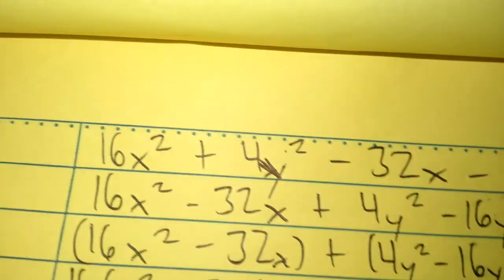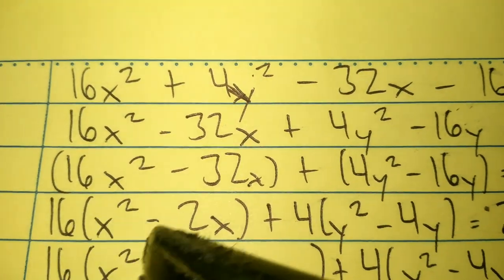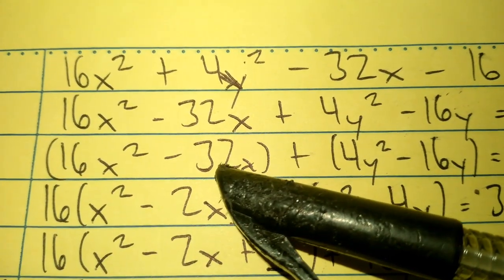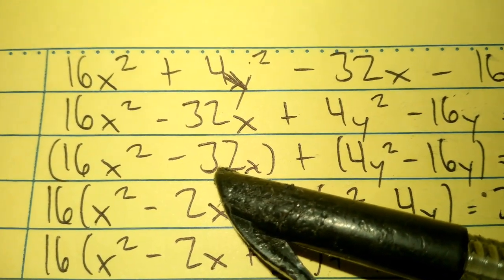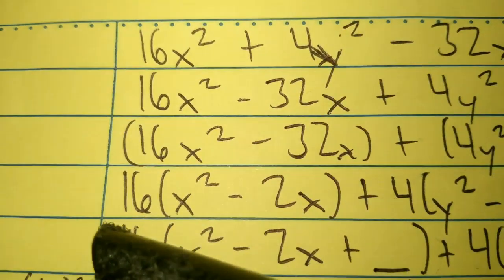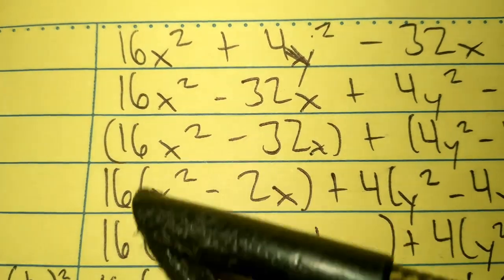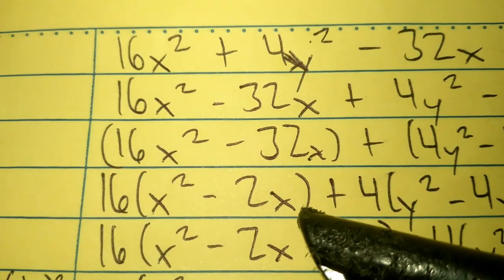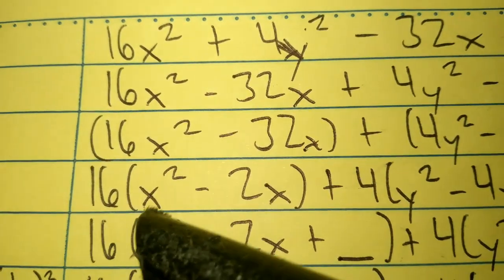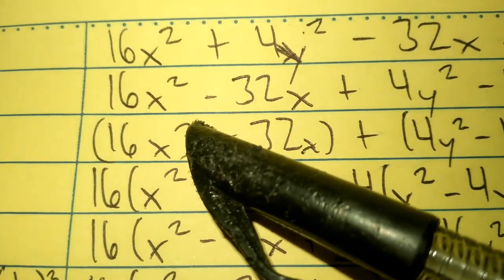So the third step is to see if each term in the parenthesis is factorizable. As you can see, 16 and 32 can factor. We can factor out these two. So we're going to have 16 parenthesis x squared minus 2x, because 16 times 2 is 32, and 16 times x squared is 16x squared.